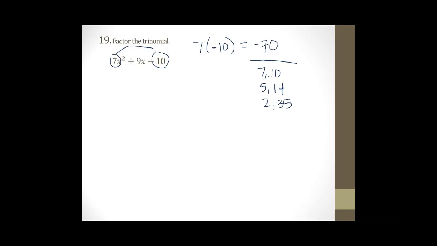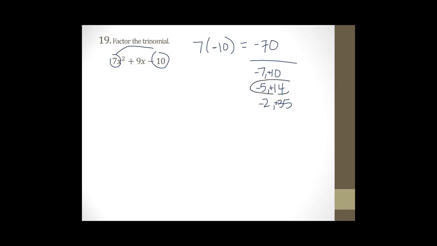It's negative, so I need one of these to be negative, and I want to add them together to get 9. So can someone tell me which pair? Like I said before, C is negative, so they're going to be different signs, and B is positive, so the larger number gets the positive sign. So I'm going to set it up like this. And who can tell me which pair I would use?